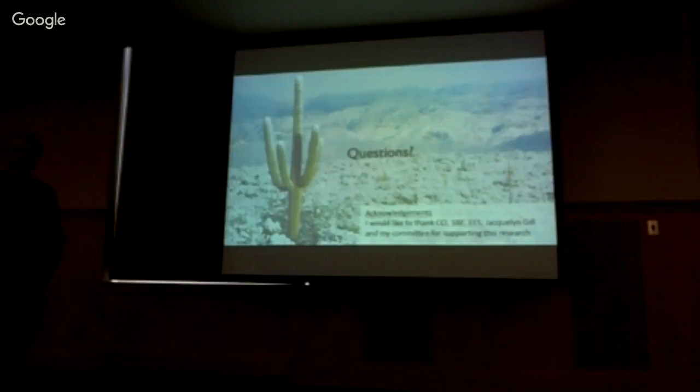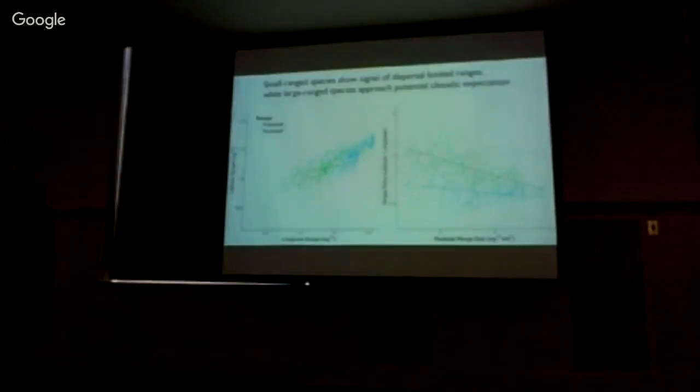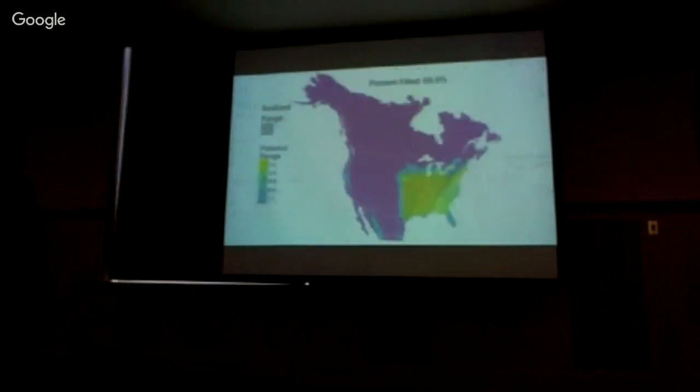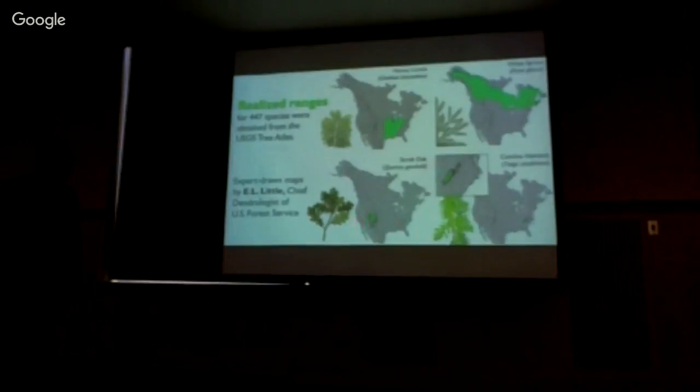How confident are you that the polygons from USGS are accurately depicting the species range? Yeah, that's a good question. So what he's asking is, if I go back to these maps, there we go, how confident am I that these ranges actually show the true range of the species? It's pretty difficult to assert where the species is growing naturally versus where it might be introduced, like honey locust.